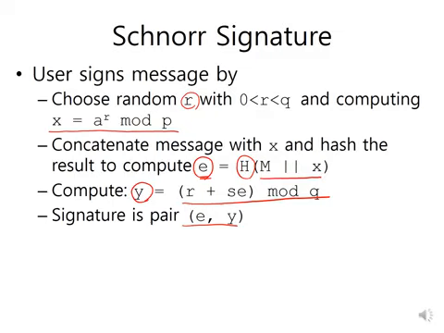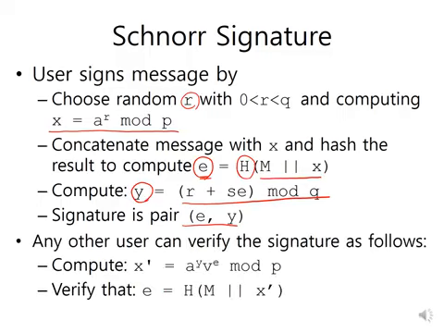And let's see the verification procedure. In order to verify the signature, anybody in the system can verify the signature like this. First, we calculate x prime as a to the y times v to the e mod p.